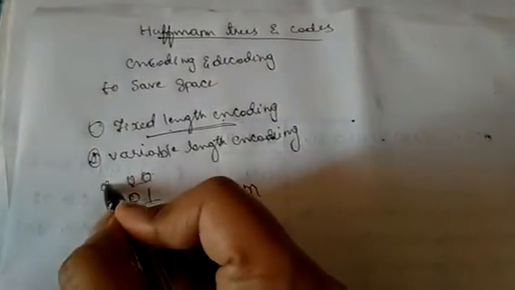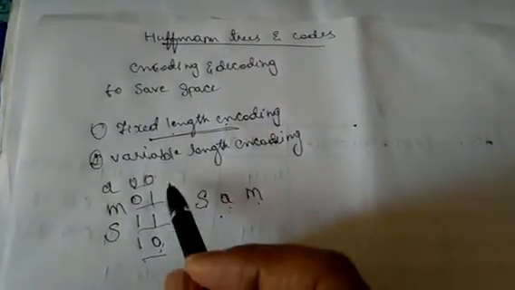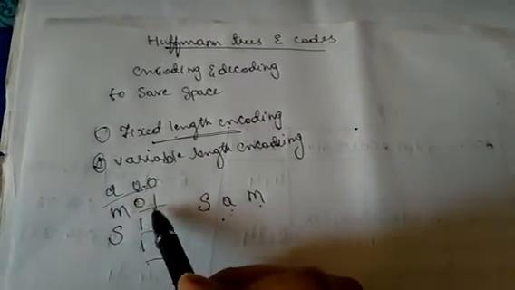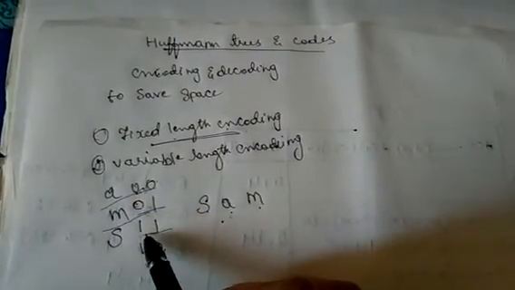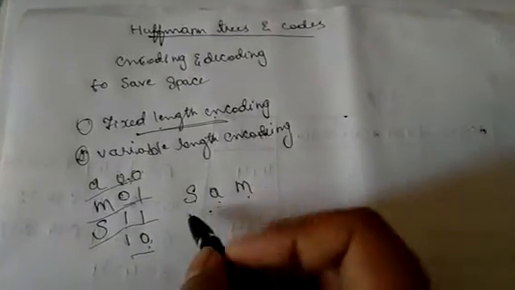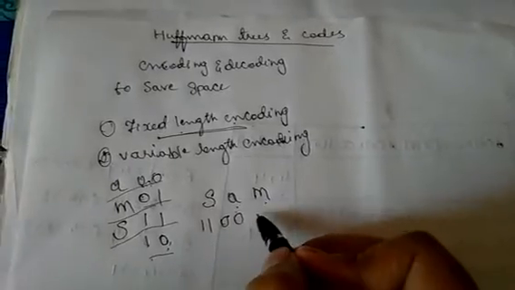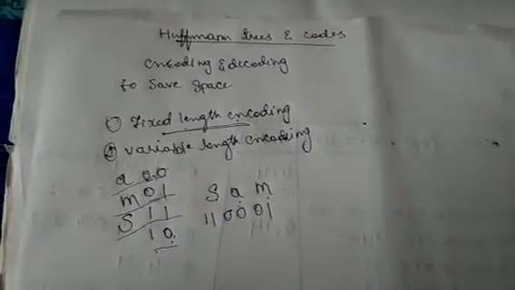For A, the code is 0 0. For M, the code is 0 1. For S, the code is 1 1. Wherever you get this SAM, you replace S by 1 1, A by 0 0 and M by 0 1.